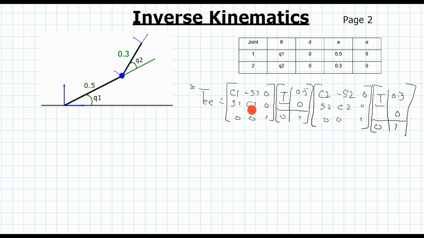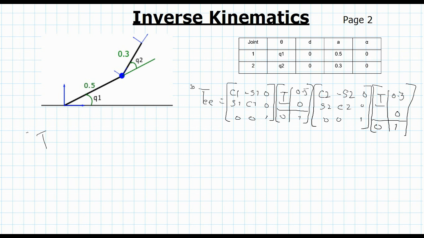Okay, so now we can go ahead and multiply the two matrices, and this will give us these transforms.